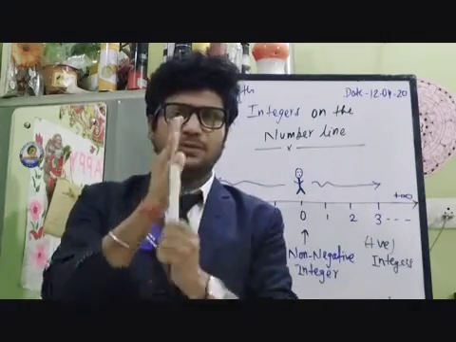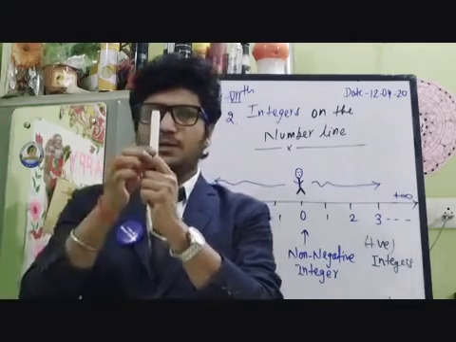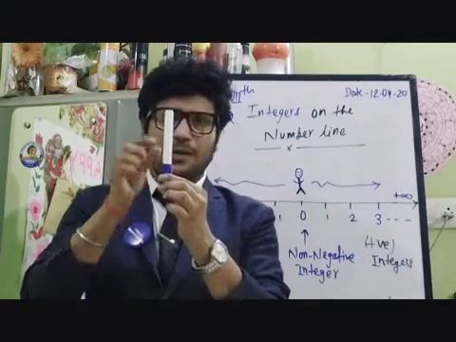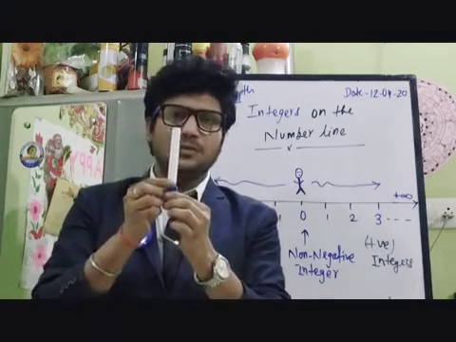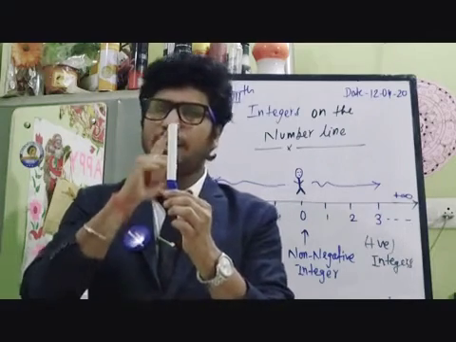Suppose 0 is here. This side all positive integers, this side all negative integers. 0 is in the middle. That is the reason 0 is neither positive nor negative.